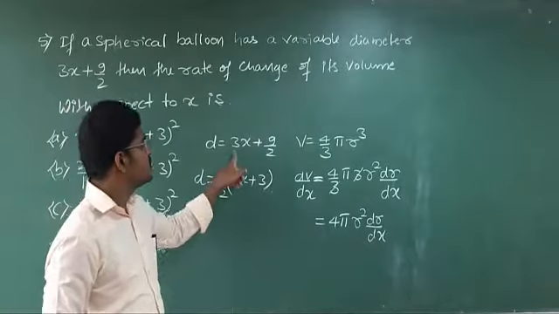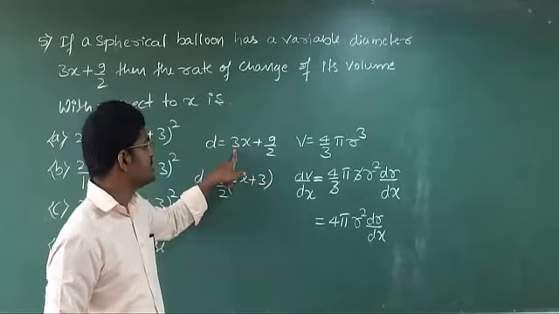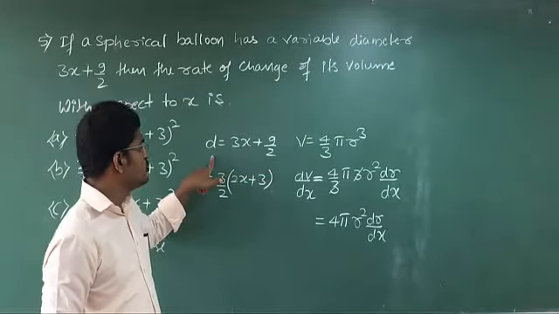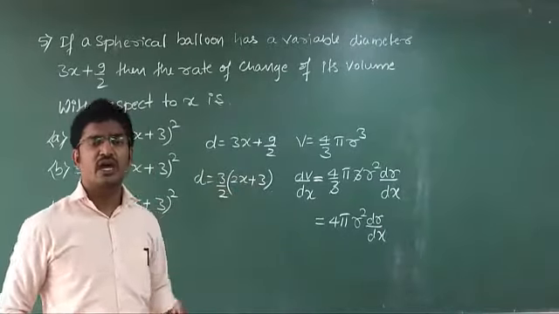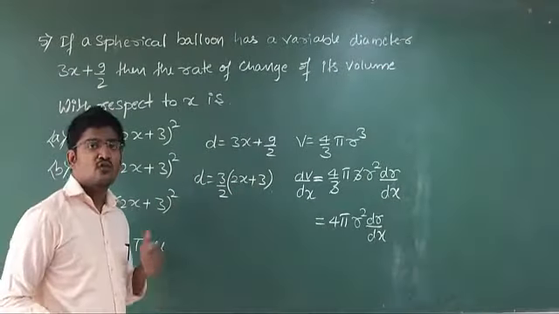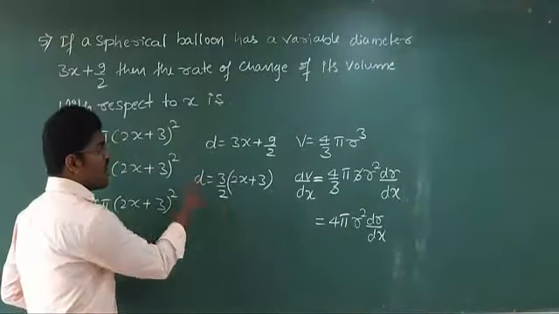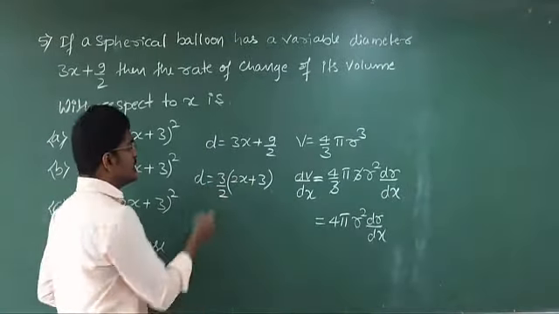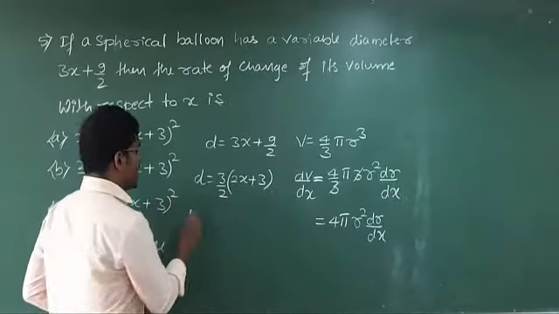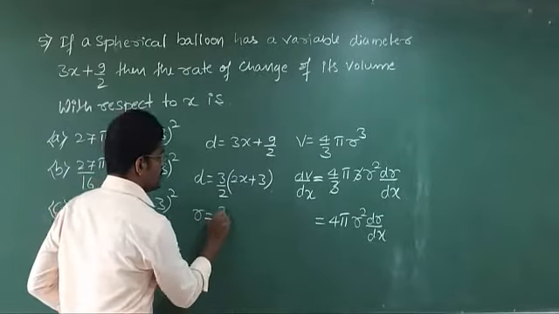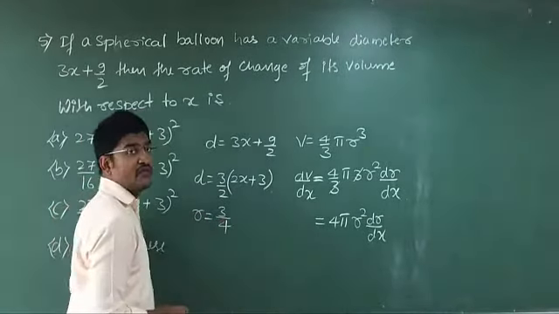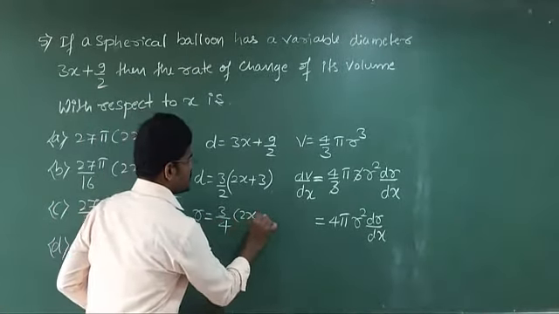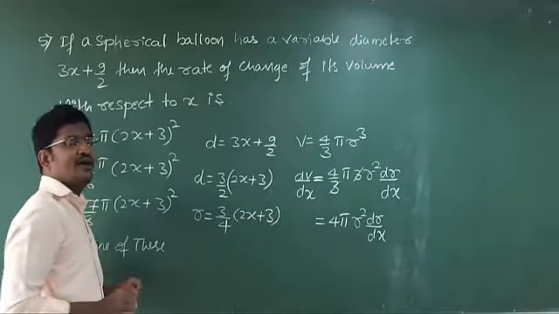Clear? So you take LCM and simplify. If I take 3 by 2 outside, 2x plus 3 will be your d. Now what about radius? Half of this, that means d divided by 2, will be the radius. So r equals 3 by 4 times 2x plus 3.